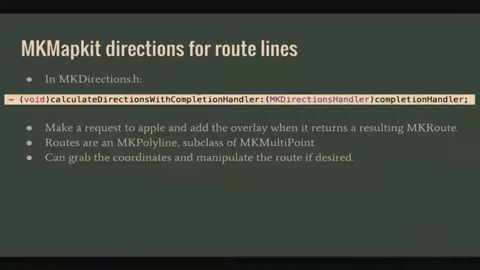Add it as your overlay, and voila, you have a route. It's pretty cool. Some hacks you can do on it, since this is about map hacks: when you have your polyline returned, it's a subclass of MKMultiPoint, which is just a series of coordinates, and you can actually go in there and manipulate it if you wanted to.